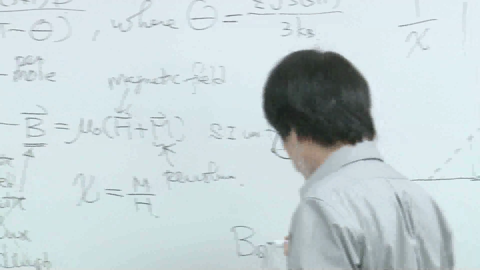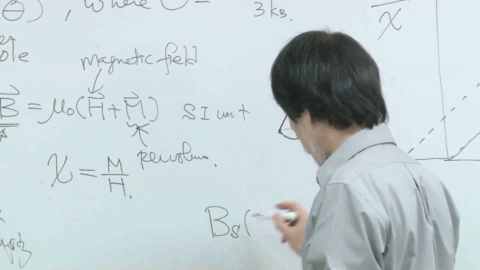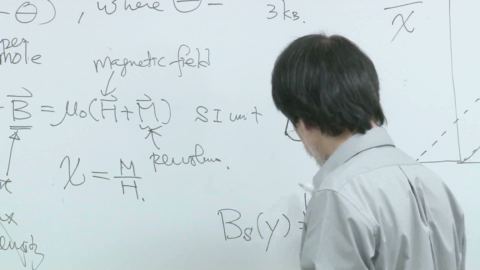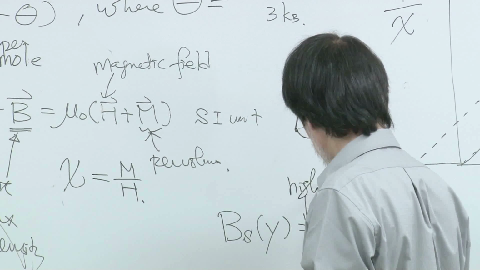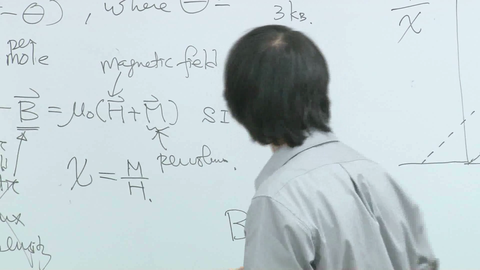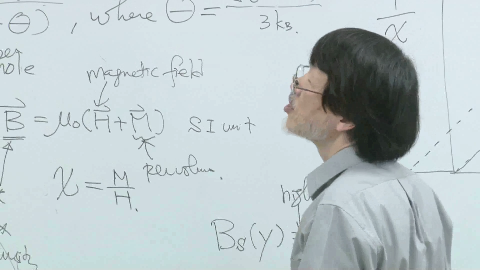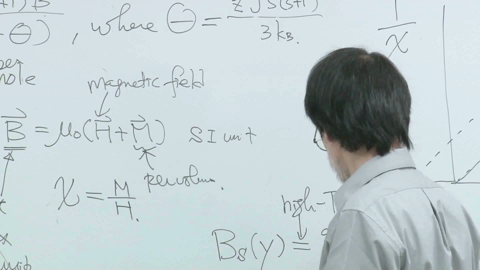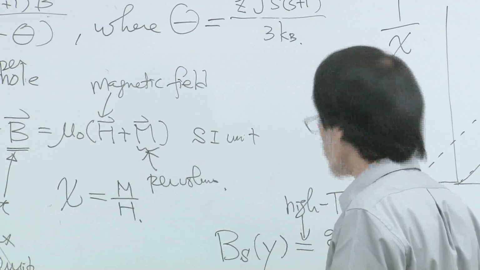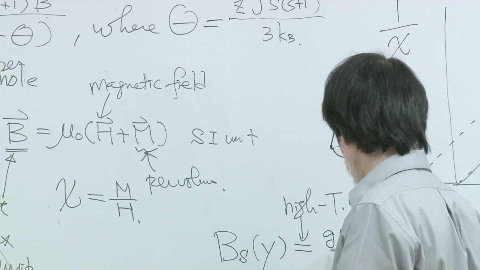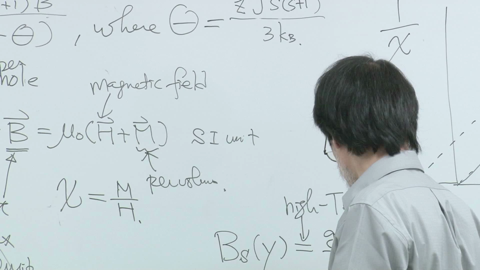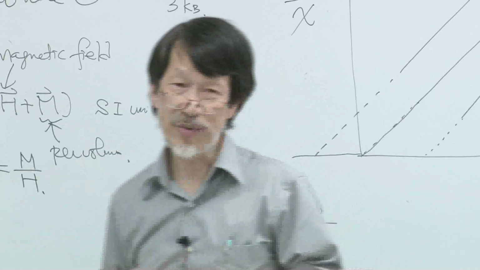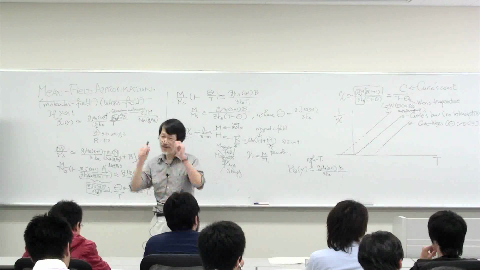You know the definition of the Brillouin function. Expand it in x, for S, at high temperature. Show that this is g times mu sub B times S plus 1, over 3 k_B, T over B. Maybe you can derive this in 10 minutes, right?